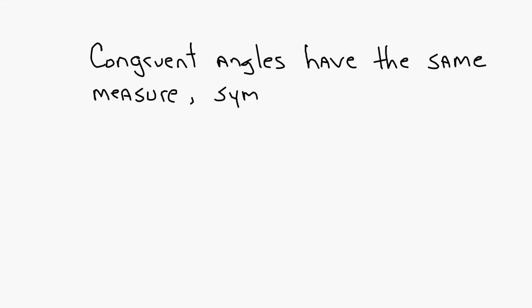Symbol. The symbol for congruent is an equal sign with a little squiggly line over the top of it.